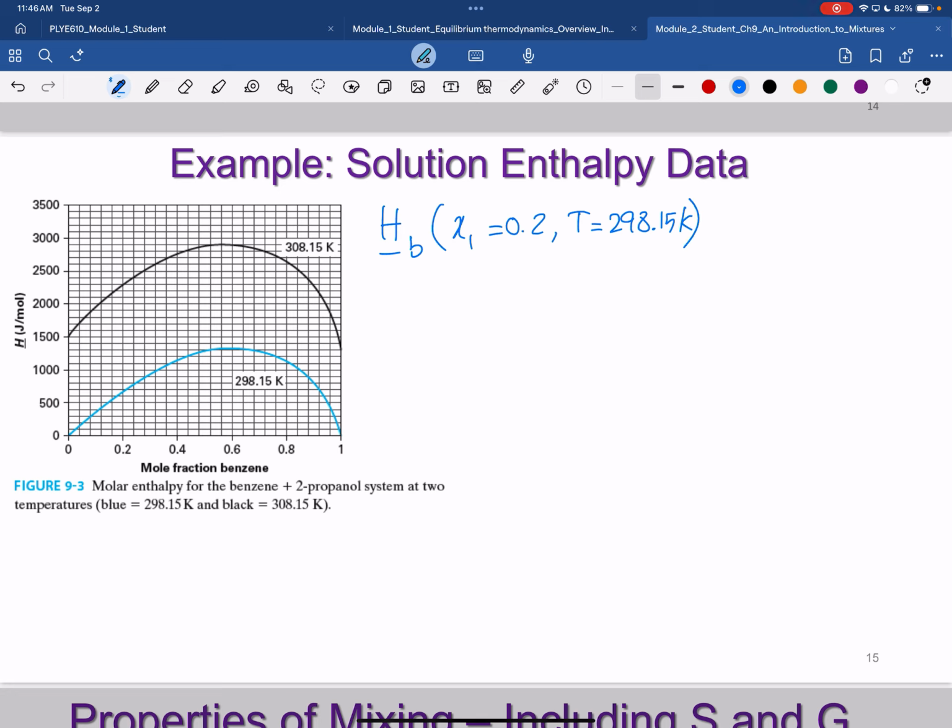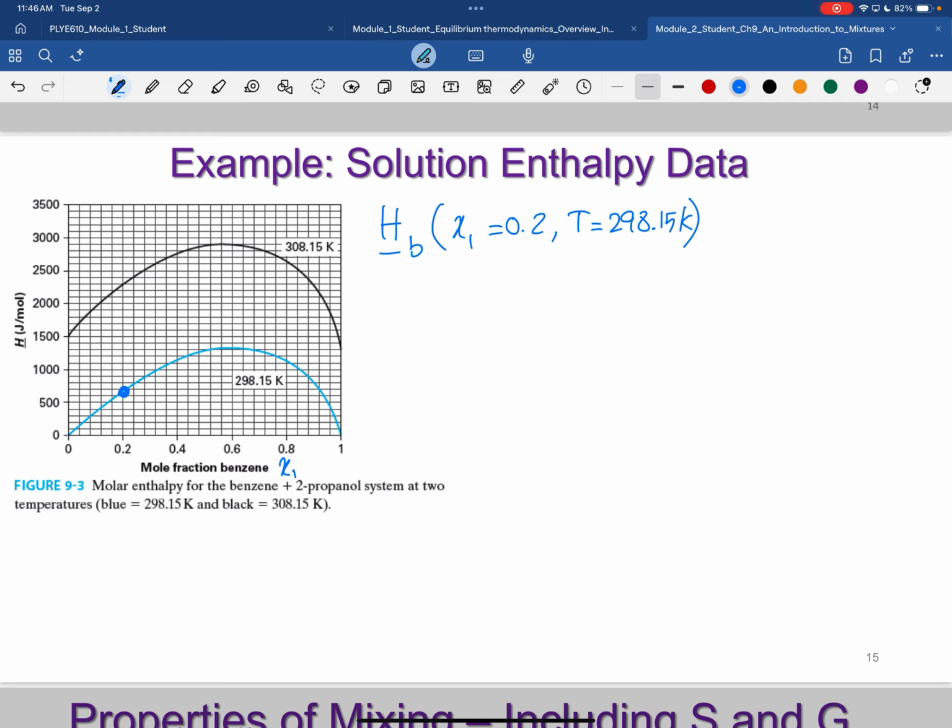Okay. So where I am on this curve, if we would like to identify that point, mole fraction of benzene, right? So this is X1, 20% here.